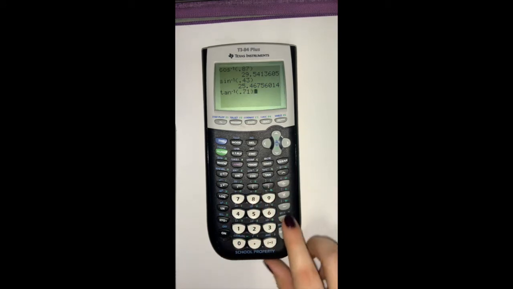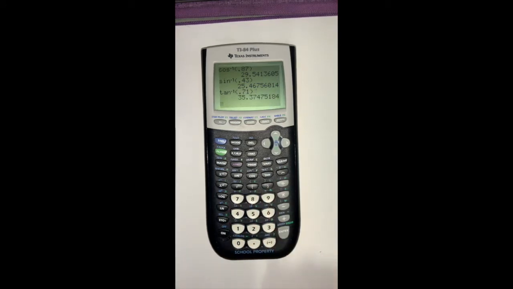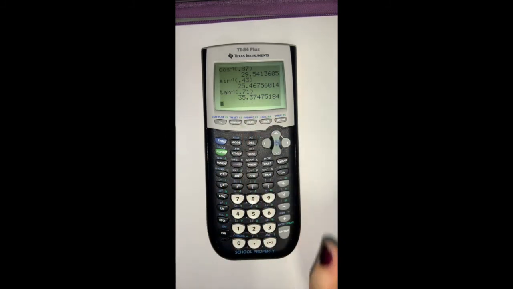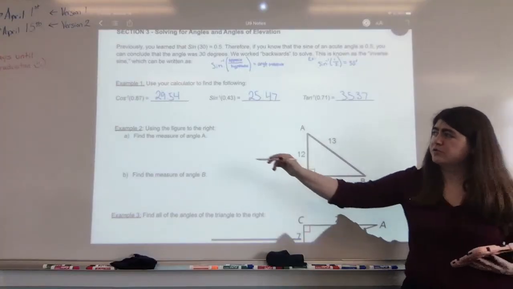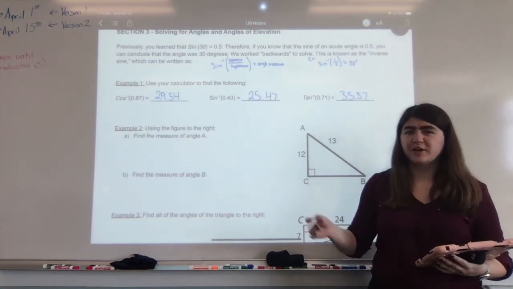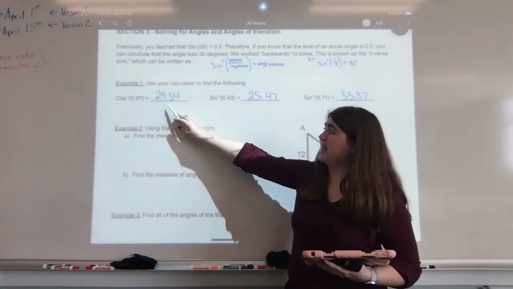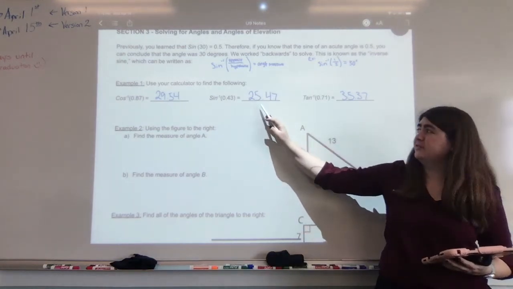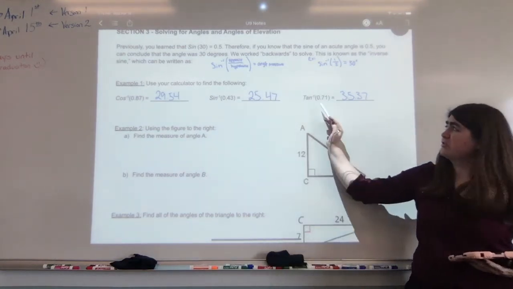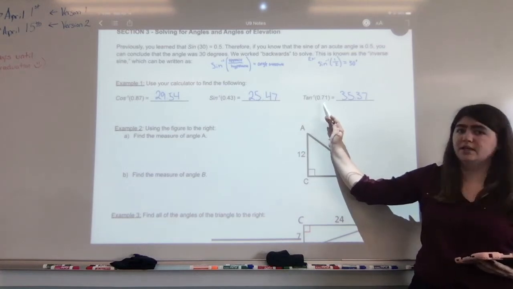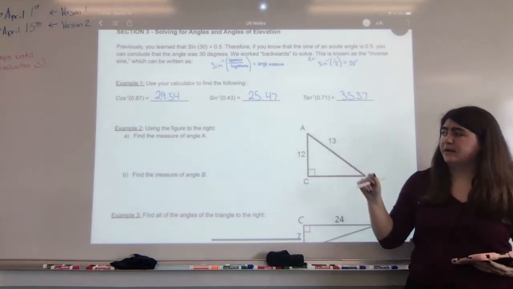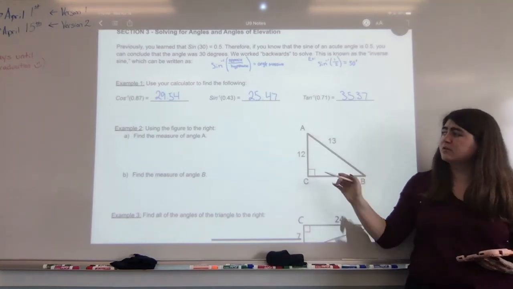We're going to close the parentheses, hit enter, and that tells me that my angle is about 35.37 degrees. All right, so we just figured out that the inverse cosine of 0.87 is 29.54, the inverse sine of 0.43 is 25.47, and the inverse tangent of 0.71 is 35.31.